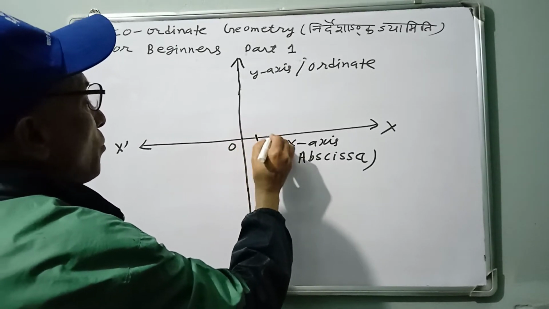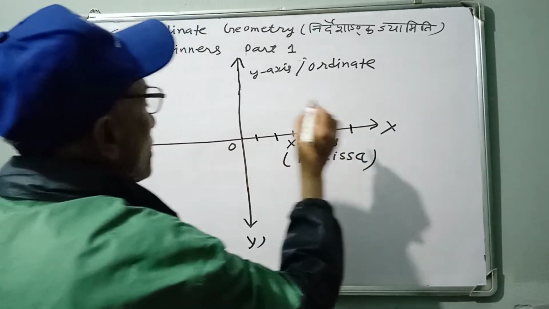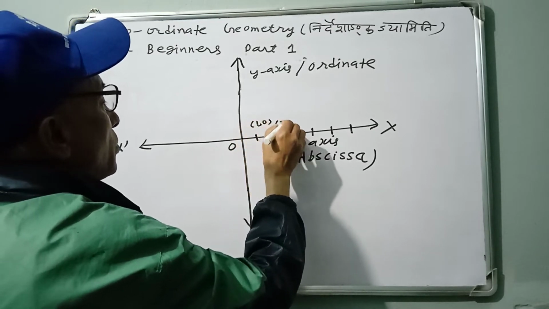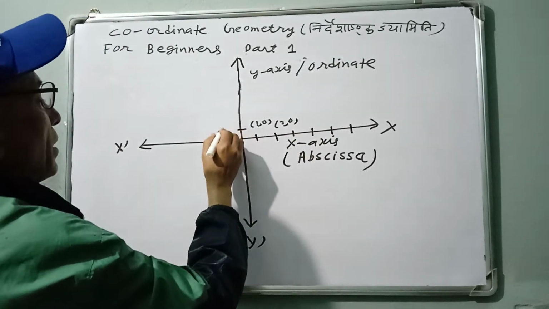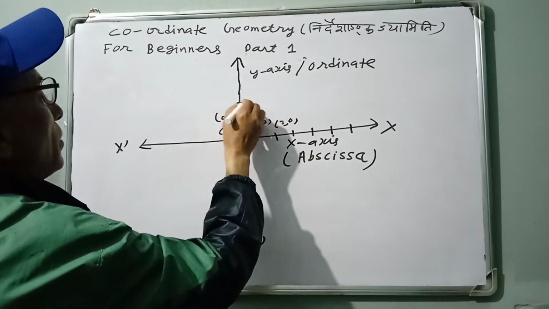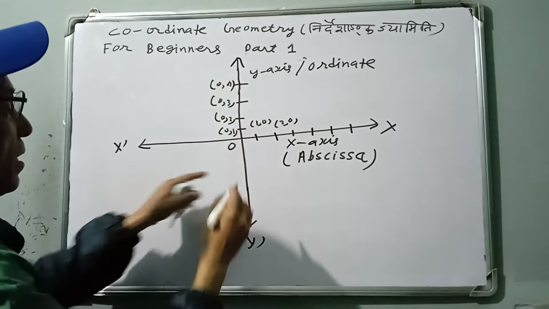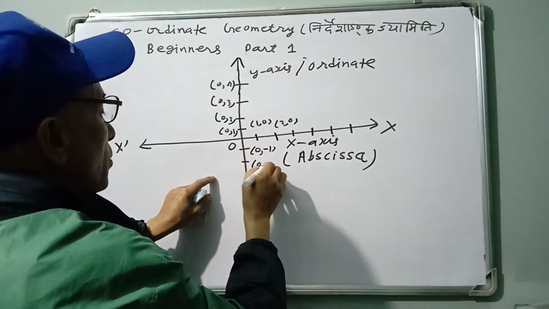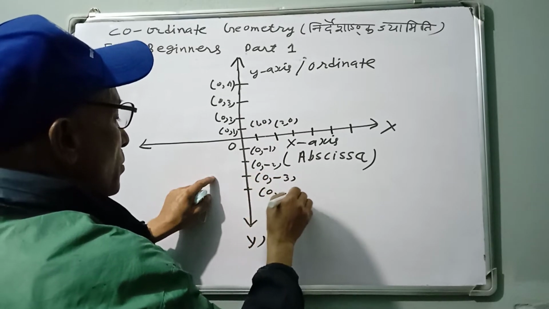This is (1,0), (2,0), (3,0), (4,0), (5,0), (6,0), etc. How to denote? (1,0), (2,0), (3,0). In this way it goes on. Here up (0,1), (0,2), (0,3), (0,4), etc. And down (0,-1), (0,-2), (0,-3), (0,-4).